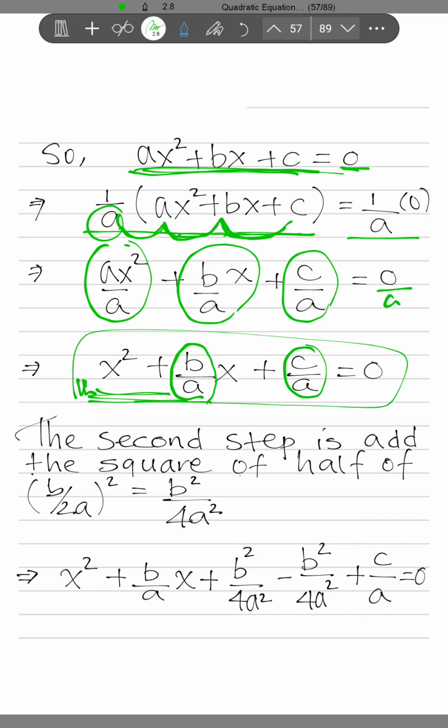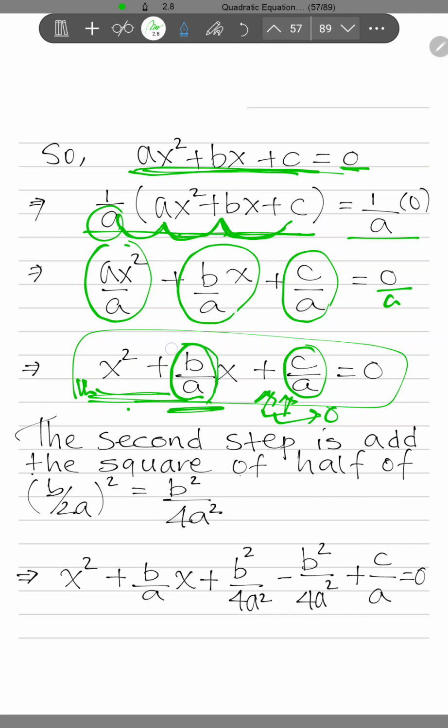What is the second step? The second step is we take half of the middle term and square it. Once we square it, we add it. At the same time, we subtract it. Why we add it and subtract it is to maintain a 0 at this point. When we add a number and subtract that same number, we don't make any change to the expression.